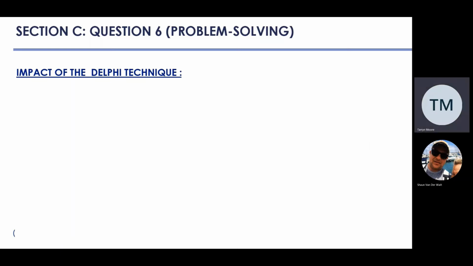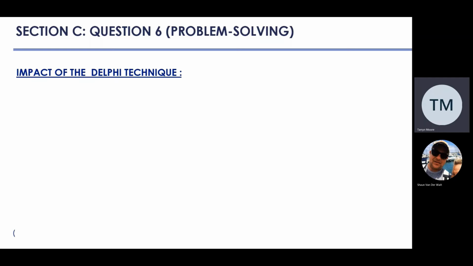Now you will see we're dealing with the impact of the DELPHI technique. Take note between the question or bullet 2 and bullet 3. Bullet 2 was discuss the positive impact. Bullet 3 is evaluate the impact of DELPHI.